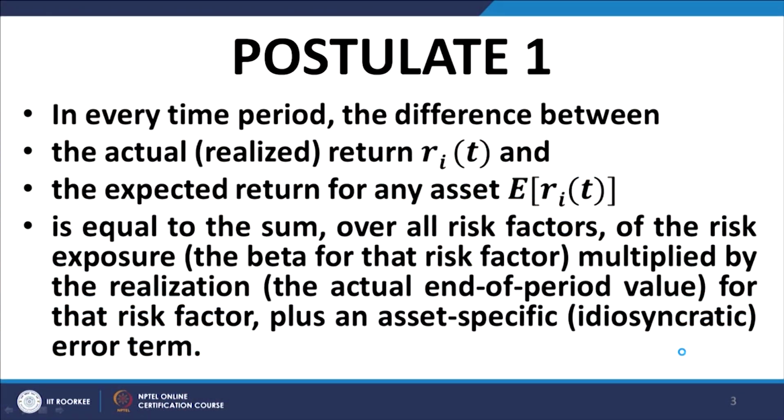Postulate 1 of the arbitrage pricing theory says that in every time period, the difference between the actual or the realized return, that is RIT, and the expected return or the expected value of that return as calculated at the beginning of that time period, that is t equal to 0, is equal to the sum over all risk factors of the risk exposure captured by the beta for that risk factor multiplied by the realization, that is the actual end of period value for that risk factor, plus an asset specific idiosyncratic error term.